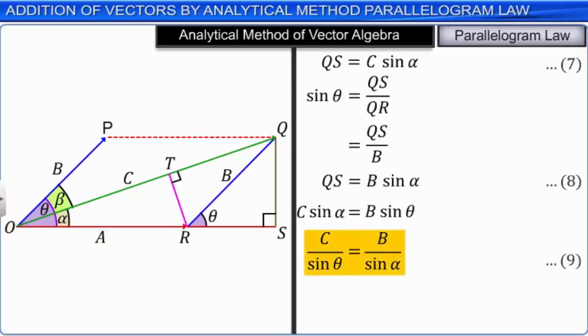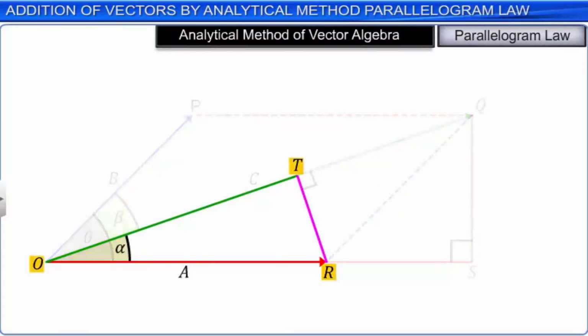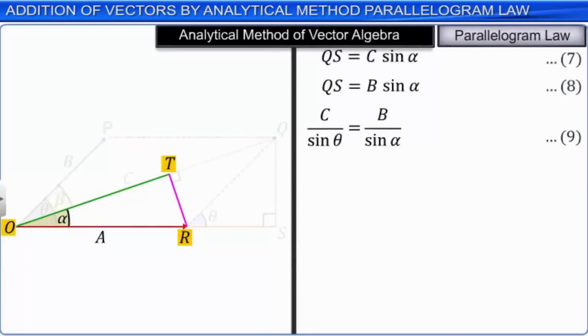Now, consider the next triangle ORT. From triangle ORT, we can write sine alpha is equal to TR by OR is equal to TR by A. TR is equal to A sine alpha. Let this be equation 10.